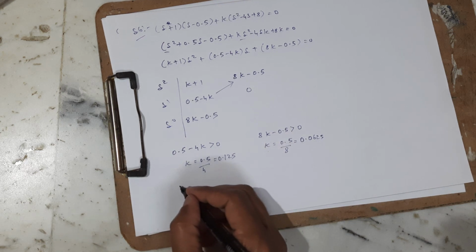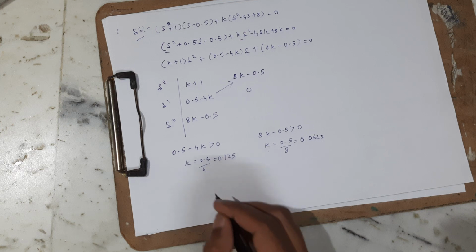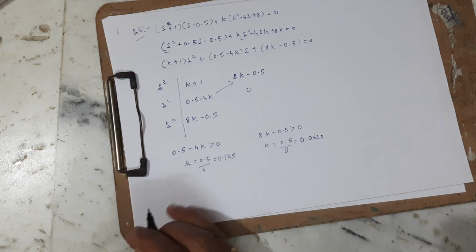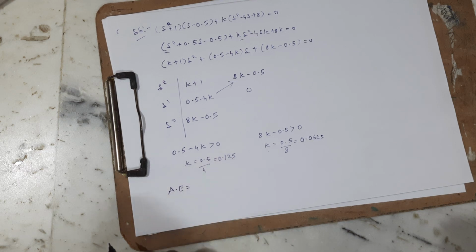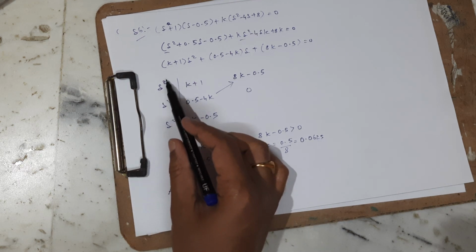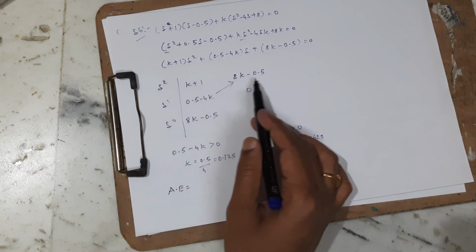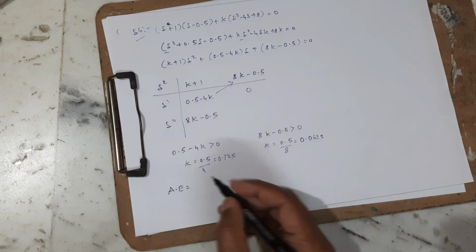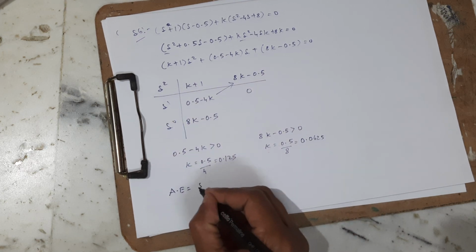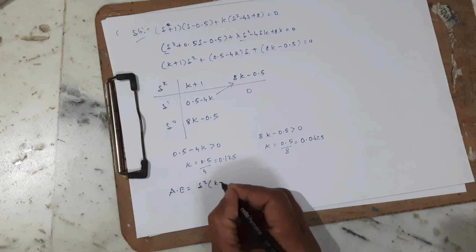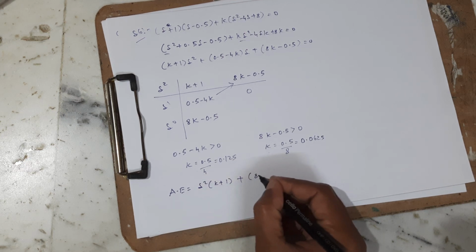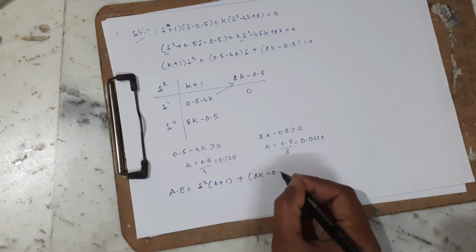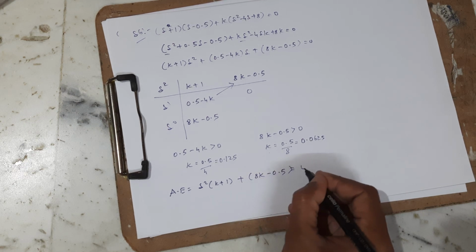Now I need to find the intersection of the root locus with the imaginary axis. For that, I am going to consider the auxiliary equation. Using the s to the power of 2 row, the auxiliary equation is s square into k plus 1, plus 8k minus 0.5, is equal to 0.